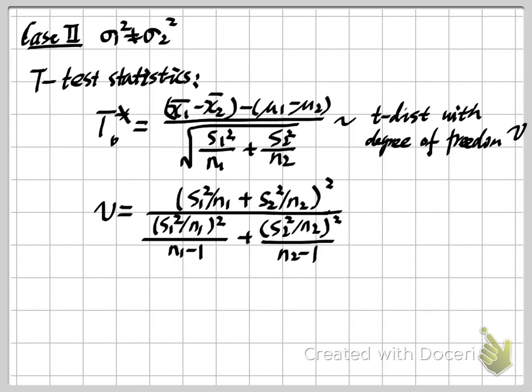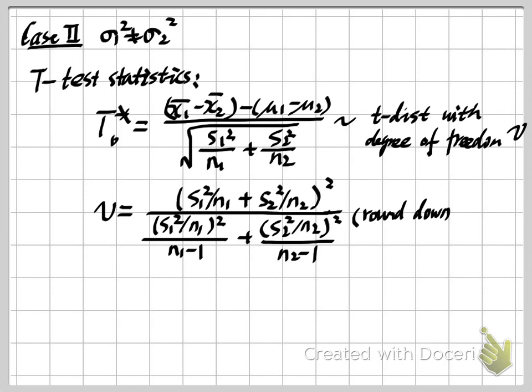Of course, if we compute this, it may be a decimal number or an integer. However, we know the degree of freedom for a T-distribution is always an integer, so we should round our number.